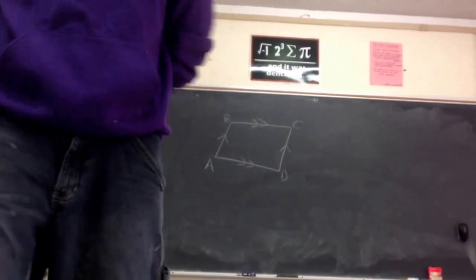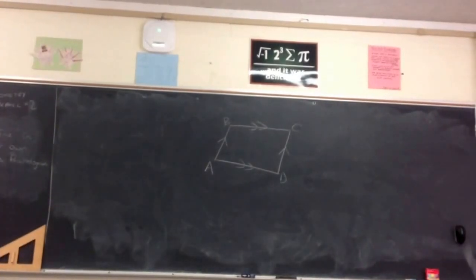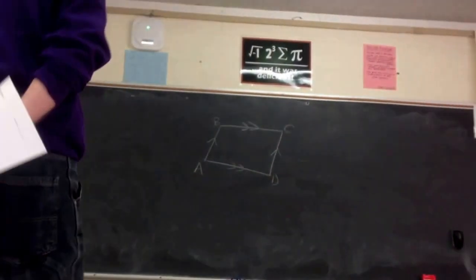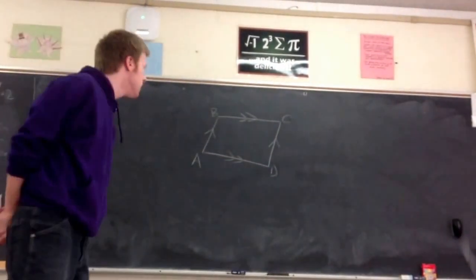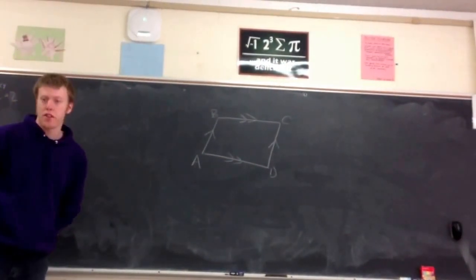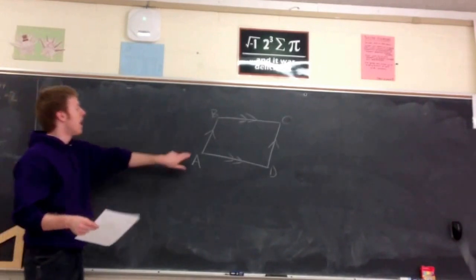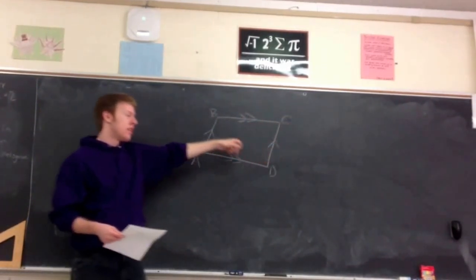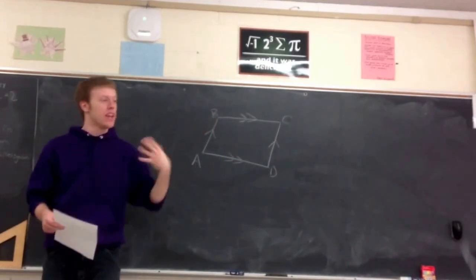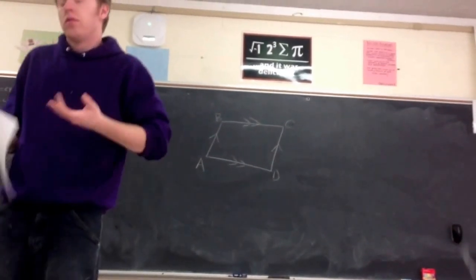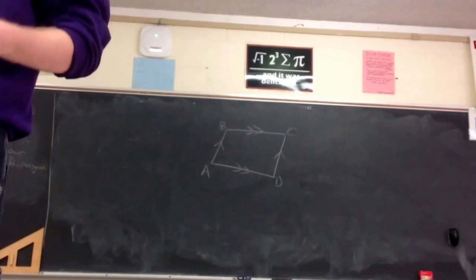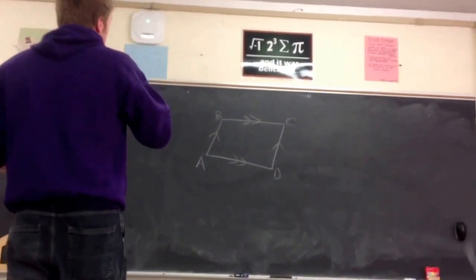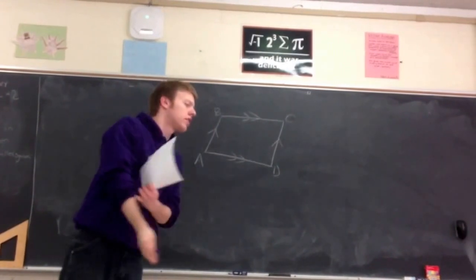I don't even have to draw the figure for you to figure that out. If I said AB and CD, there's no vertex being shared there. But as soon as I say AB and BC, they share the vertex B in their own name. That's a good way to check. So opposite sides are defined as sides that do not share a vertex.